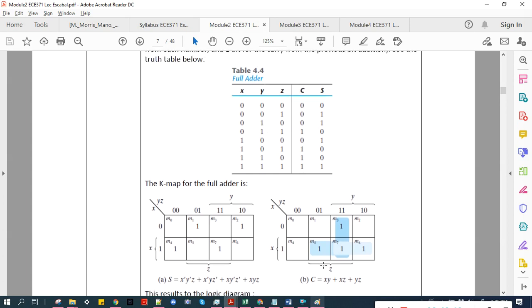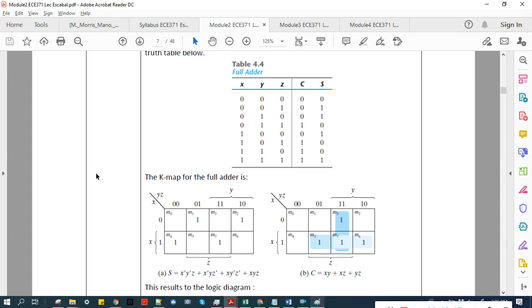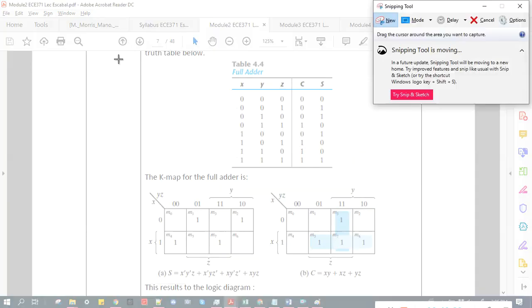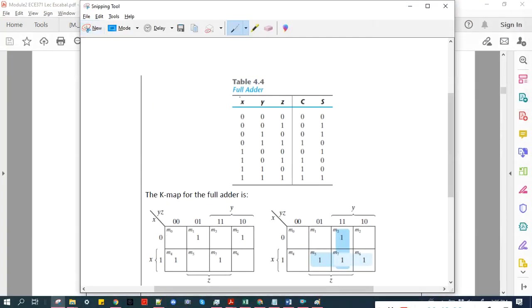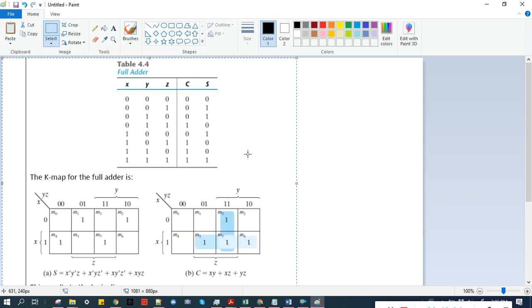We need 2 K-maps for the 2 outputs C and S. For S, we have min term 1, min term 2, min term 4, and min term 7.